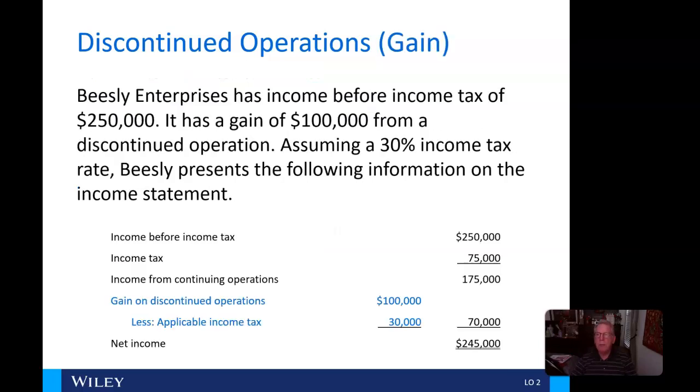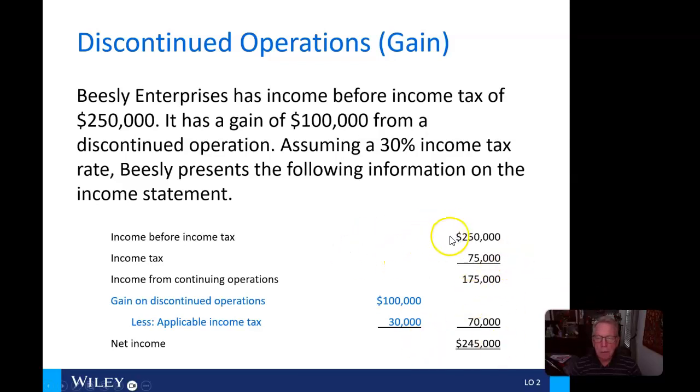All right, so here is an example. Beasley Enterprises has income before income tax of $250,000 and has a gain of $100,000 from a discontinued operation. So, assuming a 30% income tax rate, Beasley presents the following information on the income statement.